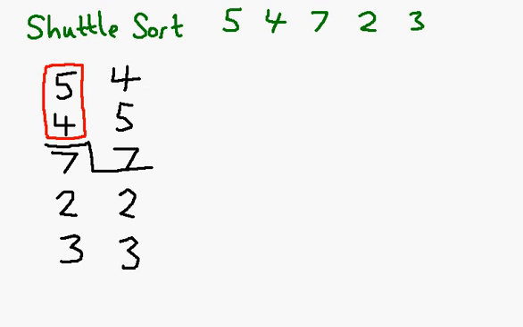First off, however, I consider 5 and 7. So I put a box around 5 and 7 to show that that is what I'm comparing next. Now 5 and 7 are in the correct order, so I can write 4, 5, 7, just as last time.